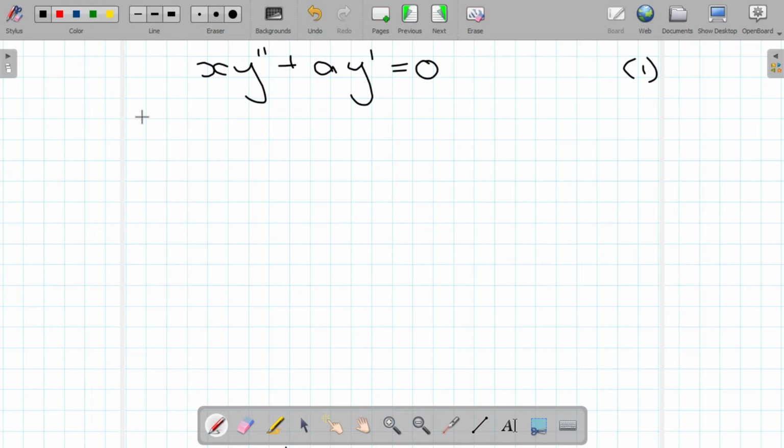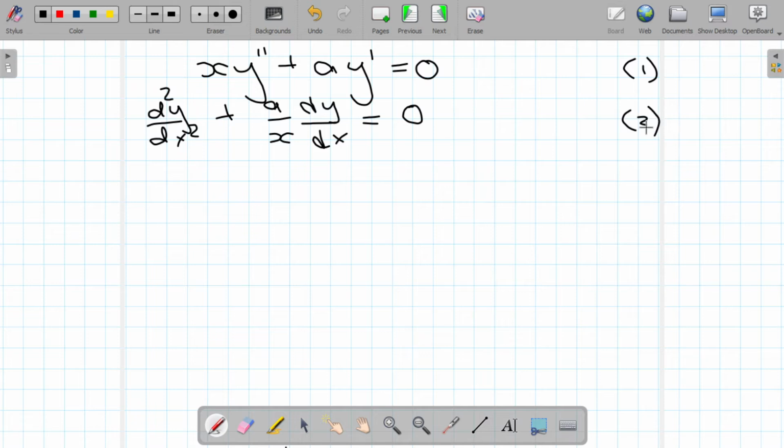Now, what I'm going to do is rewrite this as d squared y by dx squared plus a over x dy by dx. And that's still equal to 0 because 0 divided by x is just 0. So what I've done is essentially I've divided both sides of equation 1 by x to get equation 2.